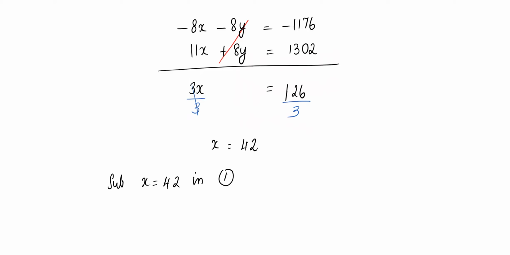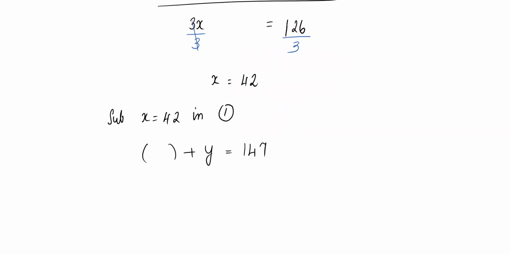That's the best equation. So we have x plus y equals 147. Plug in x as 42. Subtract 42 on both sides. Y equals 105.